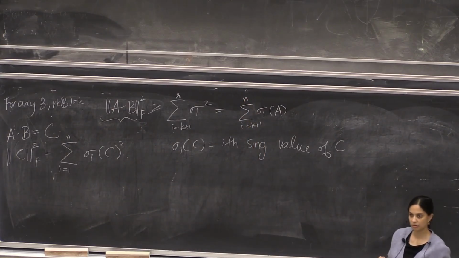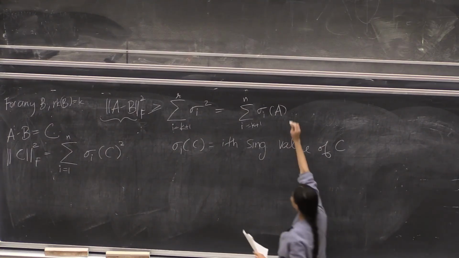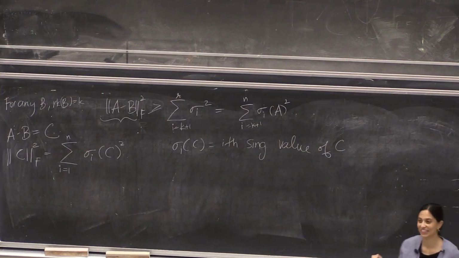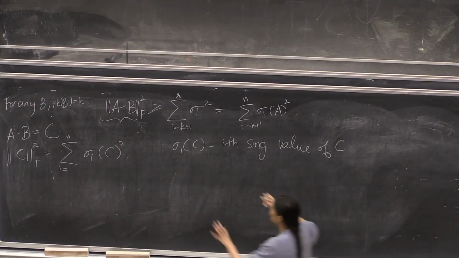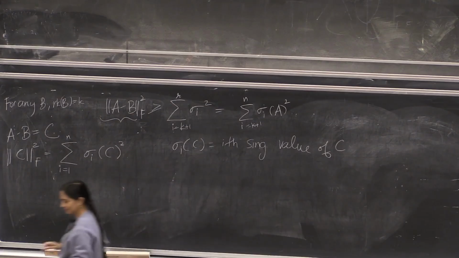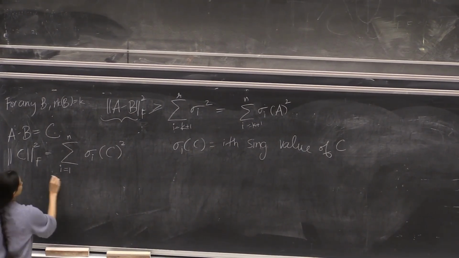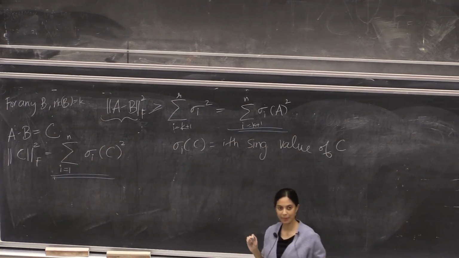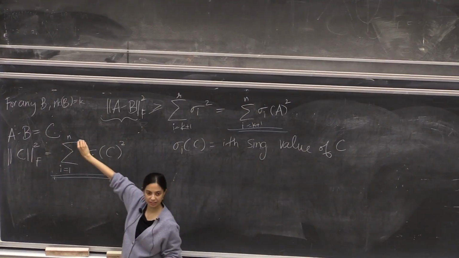Squared. Sorry, I'm really sorry. I don't know why I'm doing this. But I'm now trying to compare these two things. Okay? And so here I have a sum of n things.